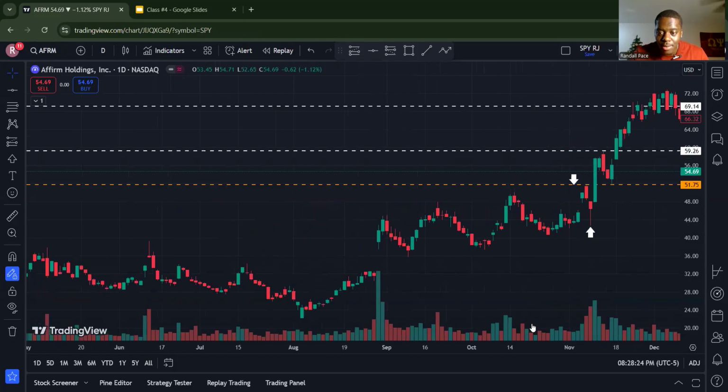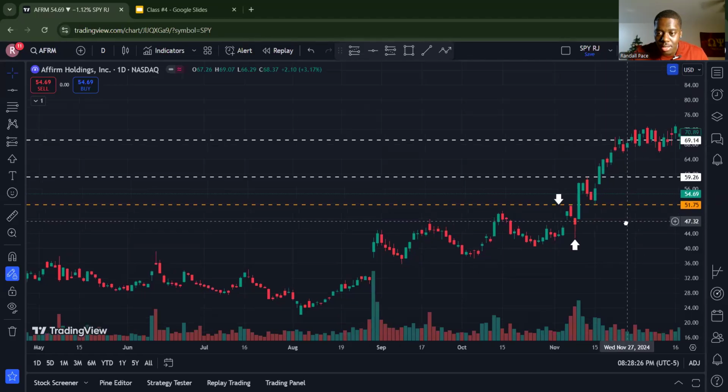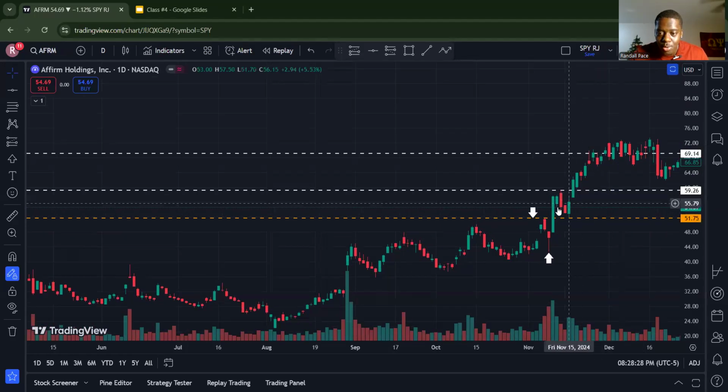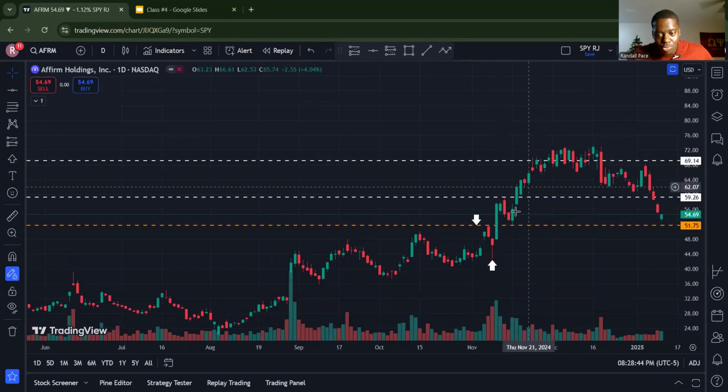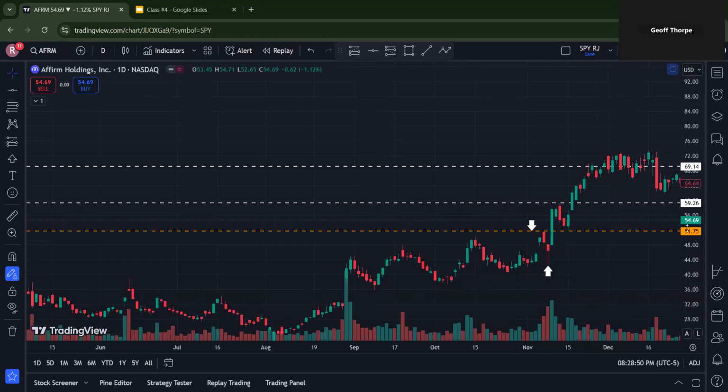But you know, from a level standpoint, your next level is not until you get up to 69. And look what happened with this. If you would have got in here, do you have any resistance at all the way up to this level? At least nothing significant.